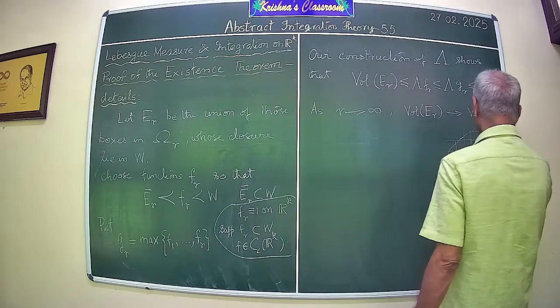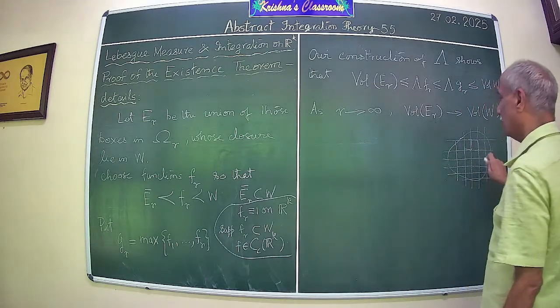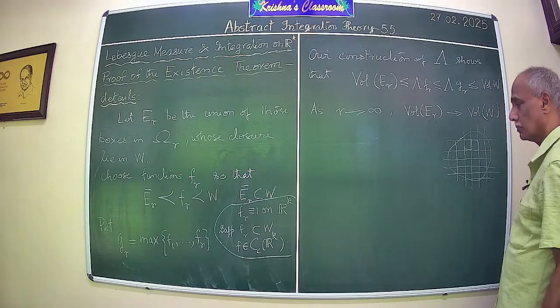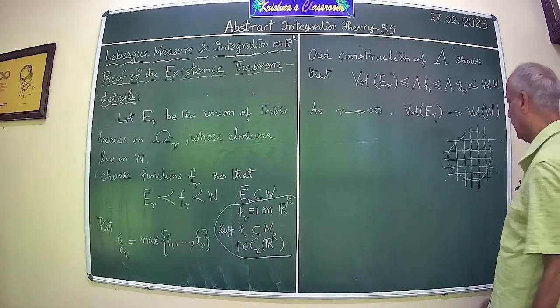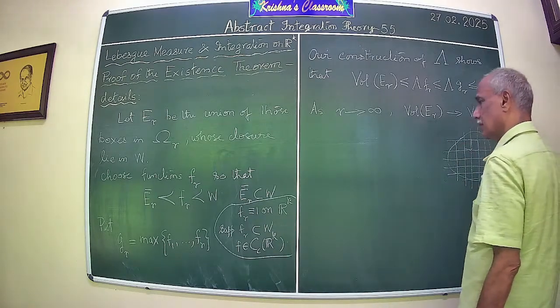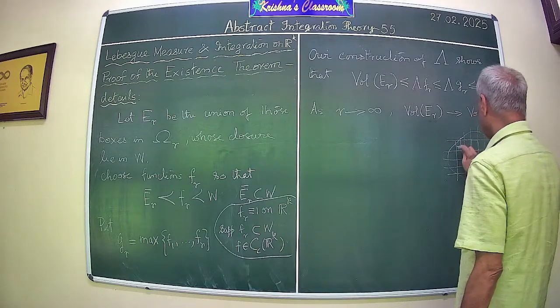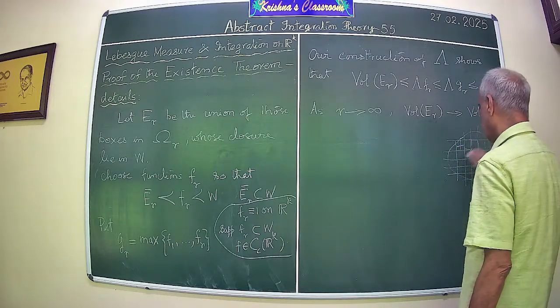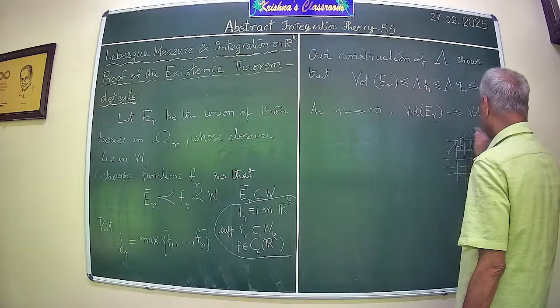Bigger one, say this is E1. Okay, then you have E2, etc., etc.